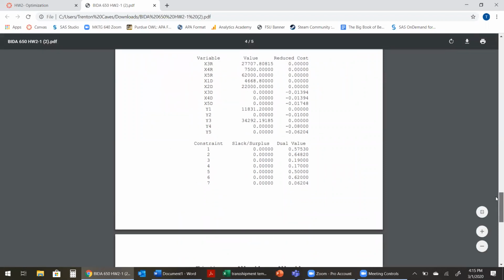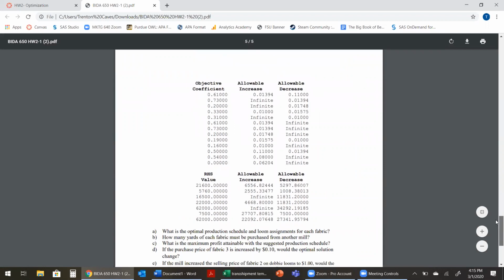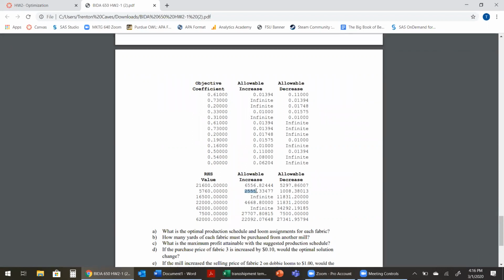And we look to see if that's within our range of feasibility. So our production hours for Adobe looms, we currently have 5,760. Our range of feasibility, we can increase an additional 250 or 2,555.